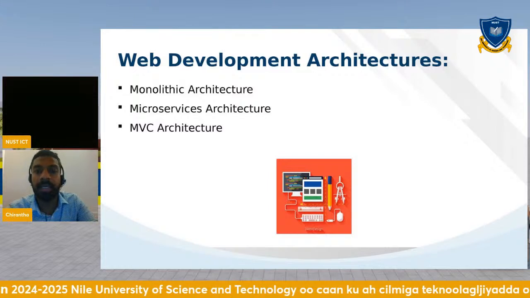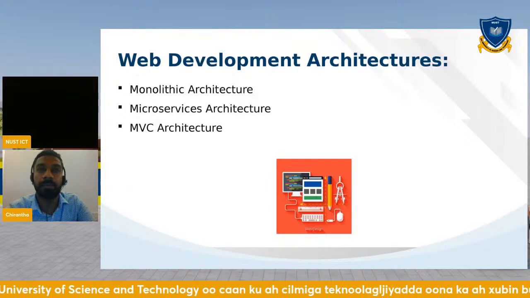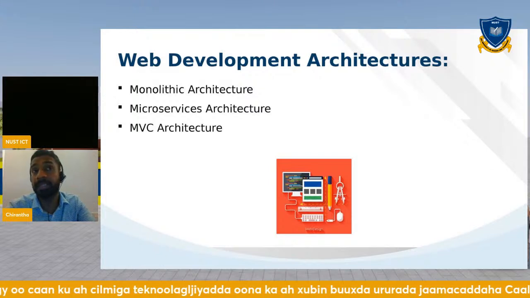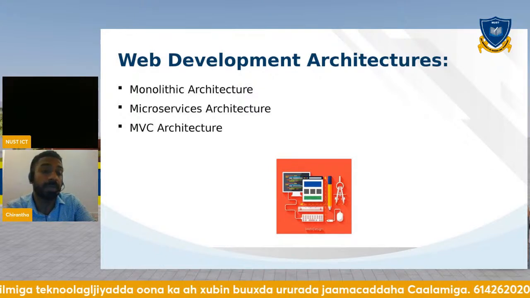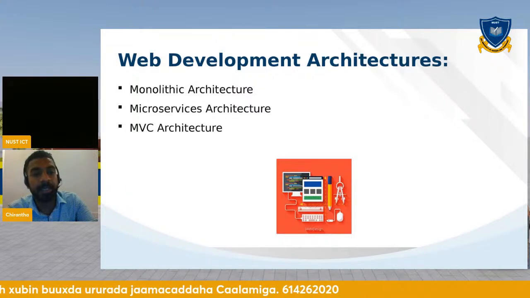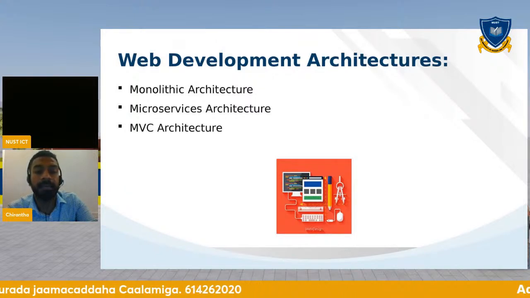Monolithic architecture is a bit old. At the moment, microservices architecture is most popular in terms of containerization, virtualization kind of things. Again, the microservices architecture is going to be embedded with the MVC architecture also.